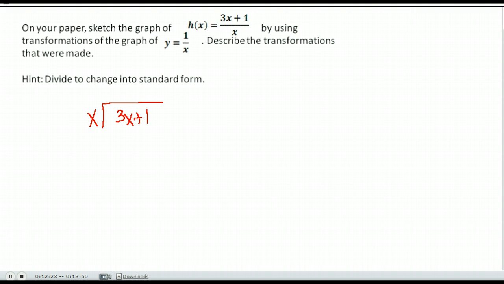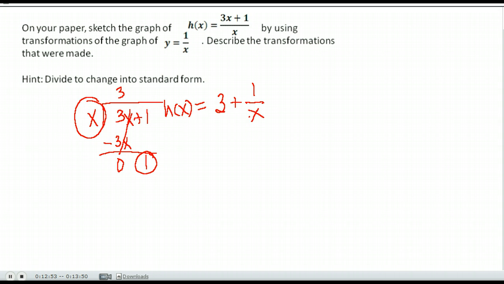In order to get it in standard form, x goes into 3x 3 times, and I multiply and subtract and bring down the 1. X goes into 1, not at all. Okay, so this is my remainder. I write my answer as 3, plus the positive 1 remainder over what I was dividing by, my original denominator of x.